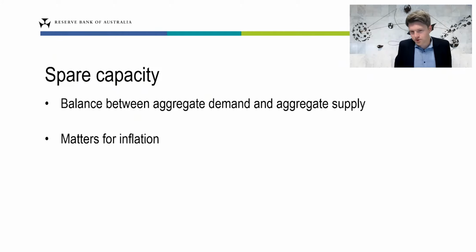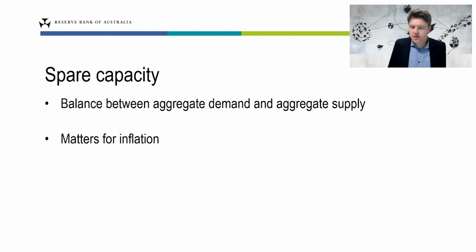Now, spare capacity is all about the balance between demand and supply in the economy. So on the one hand, you have the aggregate demand for goods and services, which can be from households, businesses, and governments. And on the other side, you have the economy's ability to actually supply and produce those goods and services.